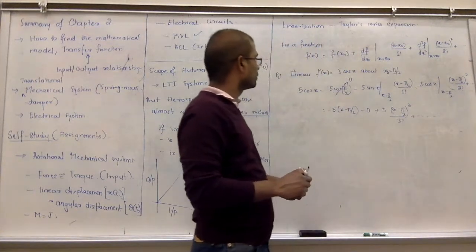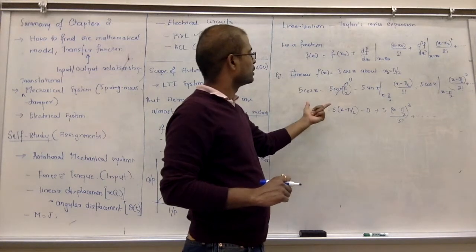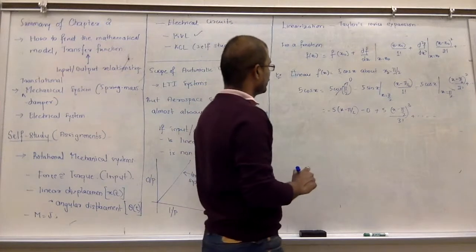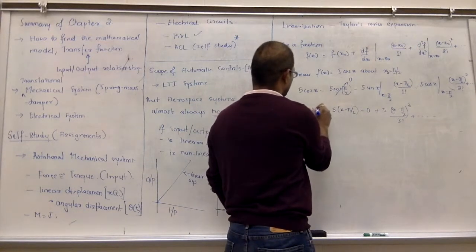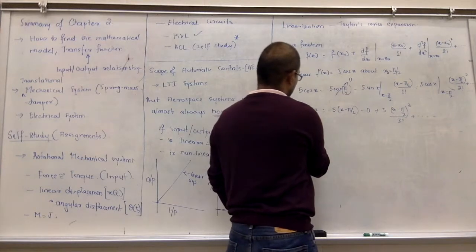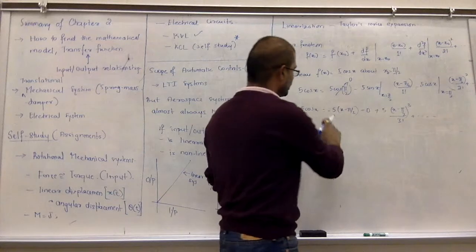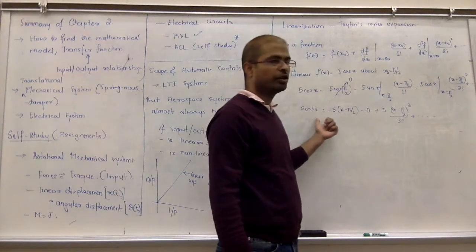So how would you compare these two functions? You have 5 cosine x can be written as this. The right hand side is the linearized form and the left hand side is the non-linear form.